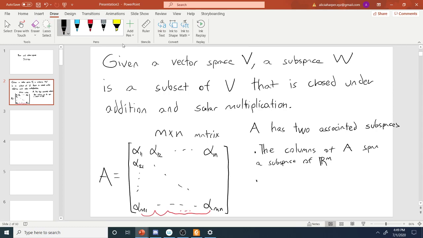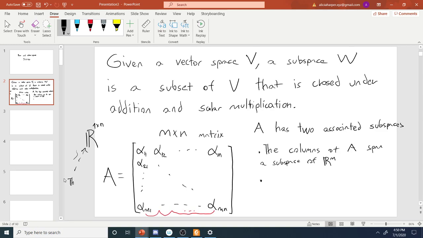The other thing we can do is we can look at the rows. We can understand each row of the matrix as living in R to the 1 cross n, where you'll recall this is the set of 1 by n matrices. In other words, the set of rows with n entries.